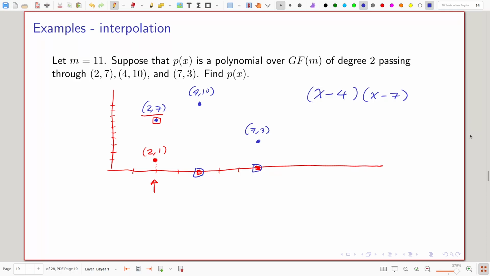Okay? If you plot it, it would look like something like probably this. It's the polynomial degree 2, right? So it's a parabola. Or maybe it's the other way around, maybe it looks like this. I don't know.